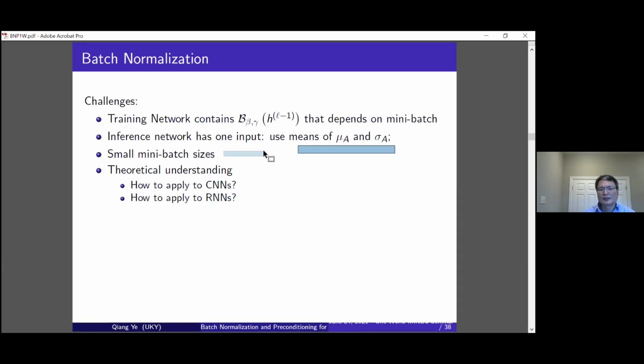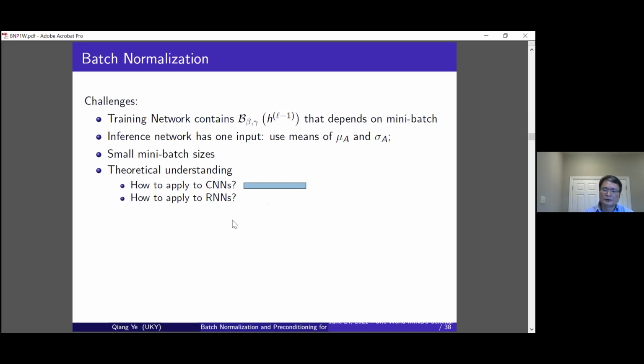Another difficulty of BN is that it doesn't work well with small mini batch size. If you use a small mini batch size, BN may actually be worse than the plain network. Another issue, because of the lack of theoretical understanding, is that it's not straightforward how to apply BN to other network architectures.